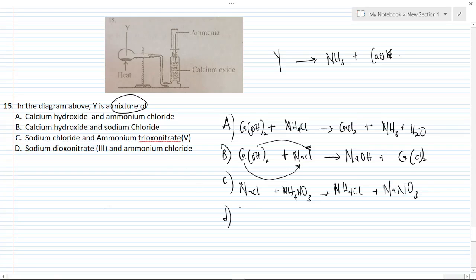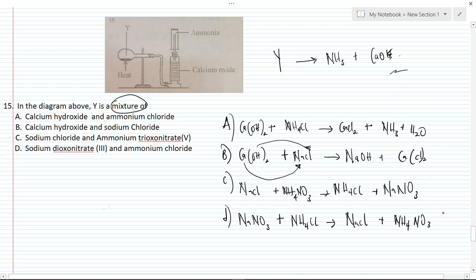Option D, we have sodium trioxonitrate 3 plus ammonium chloride, NH4Cl, and that gives us sodium chloride plus NH4NO3.